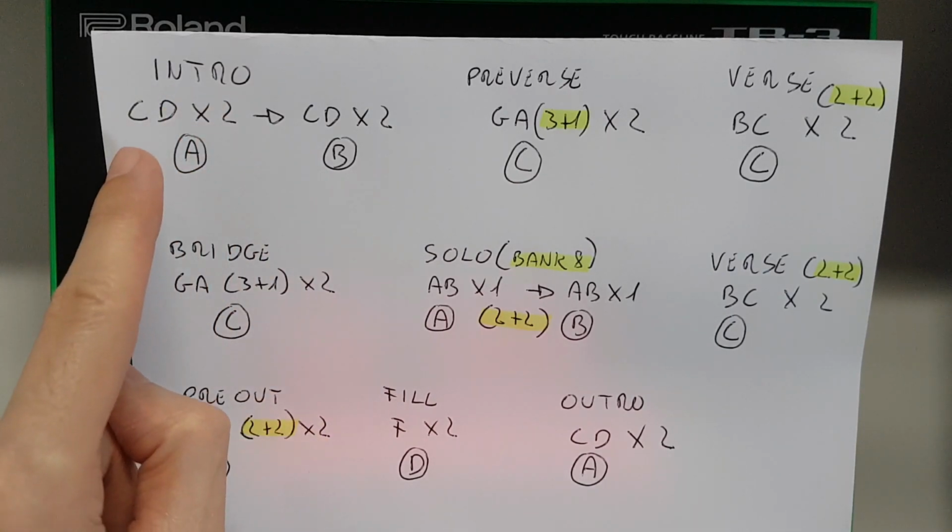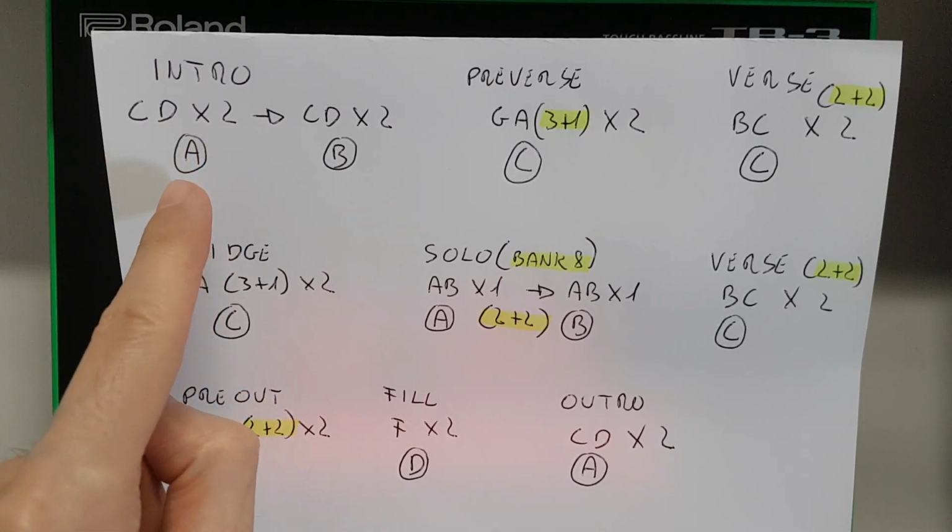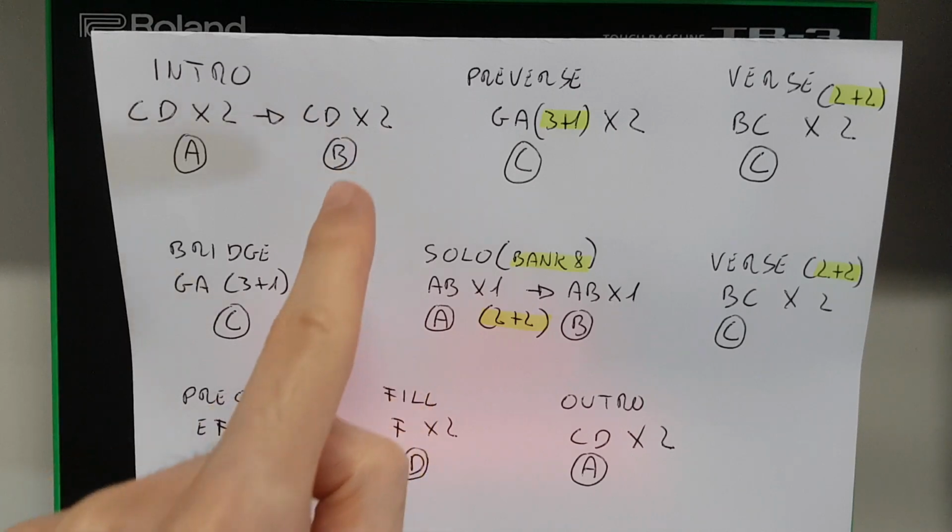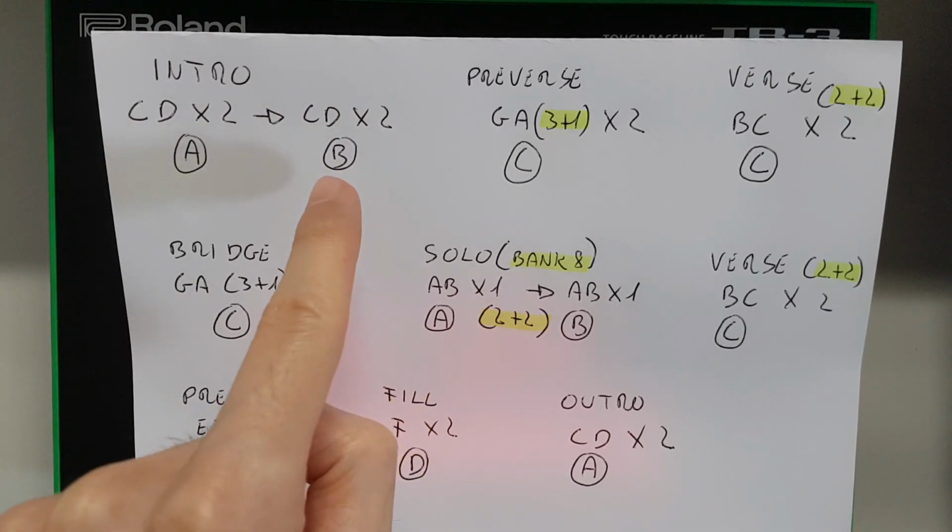In the intro we have 2 patterns, C and D, repeated 2 times with scene A, then again 2 times but with scene B of the drum machine.